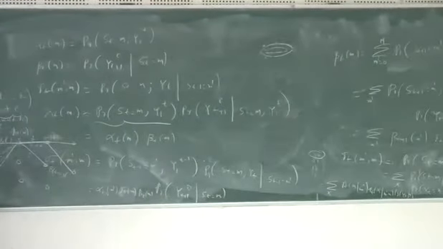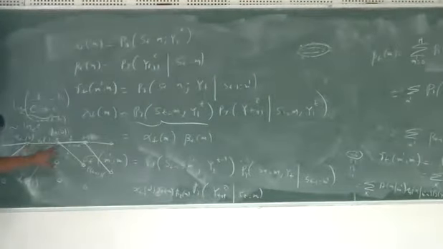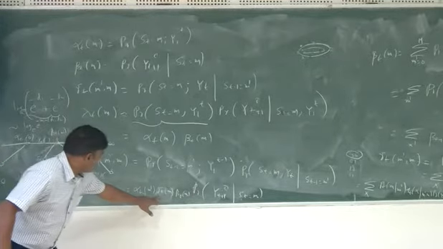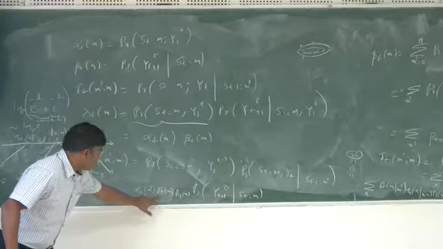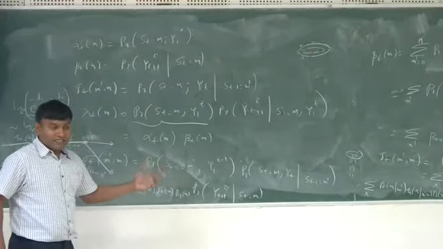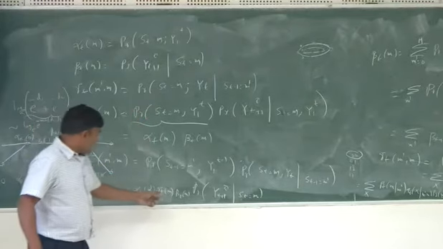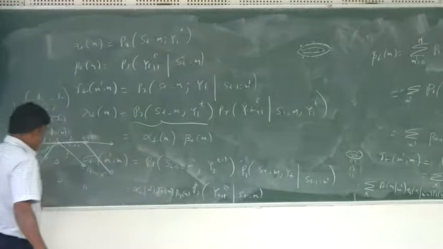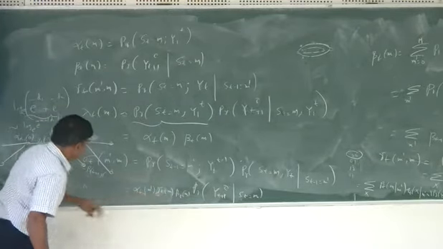Then if you want to calculate the forward metric, it is the forward metric in the log domain, plus the transition metric in the log domain, that is e raised to basically the distance associated with this.